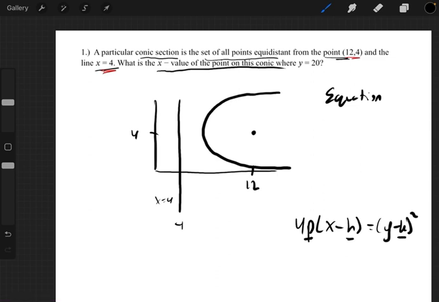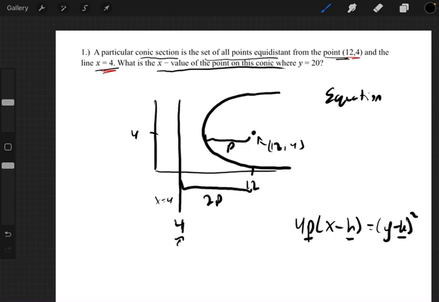P is pretty easy. We know that x equals 4 for the directrix, and x equals 12 for the focus. To find p, this distance is just 2p.